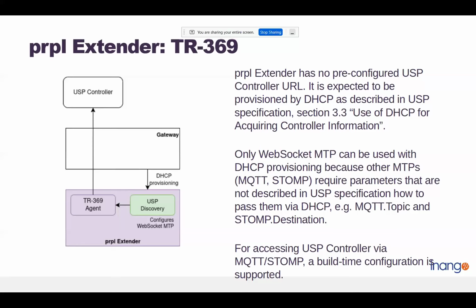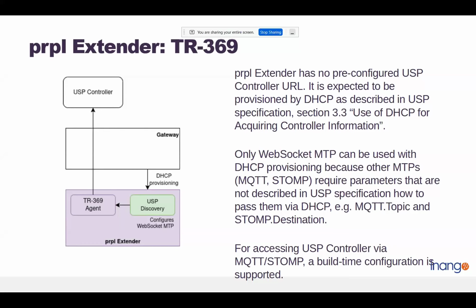And then it decodes this value, and if it contains MTP configuration, it sets parameters for USP agent. After that, the USP agent can establish a connection to USP controller.